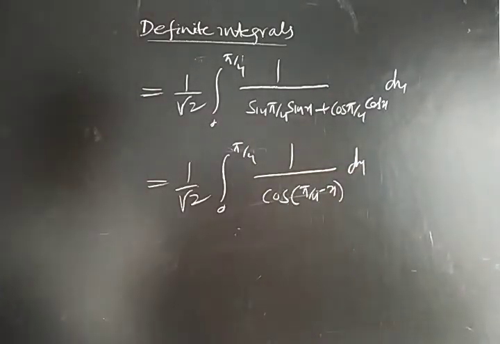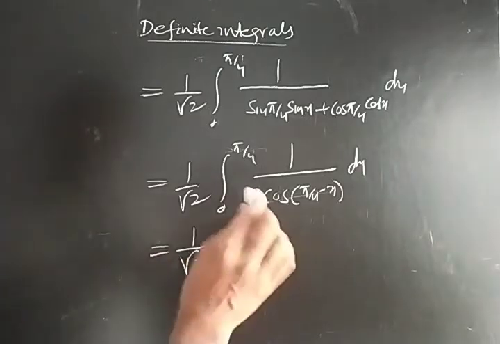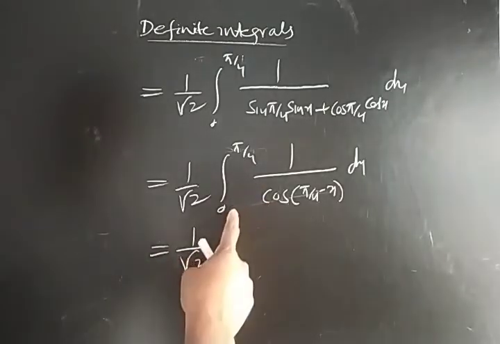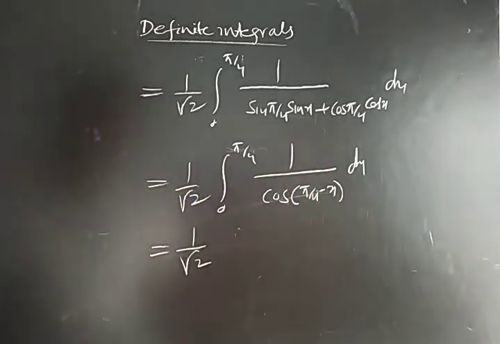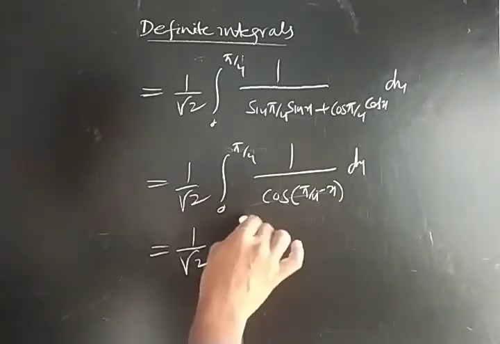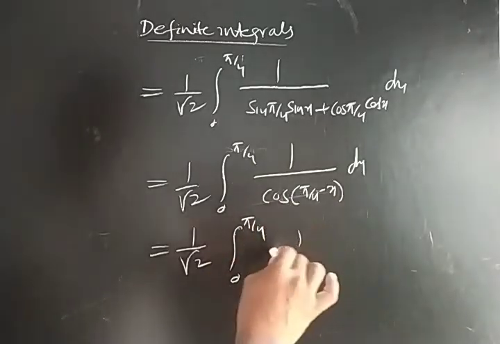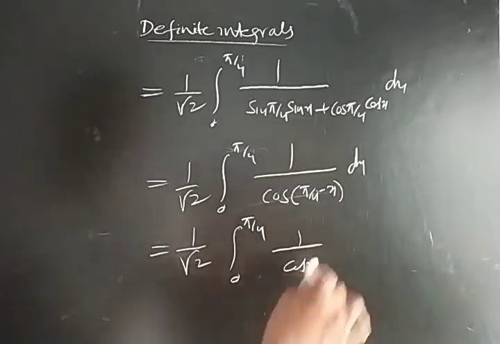So pi by 4 minus x dx. So using the above property in note, here 0 to constant and here a minus x. So using that property, we can write here 1 by cos x alone dx. Why?